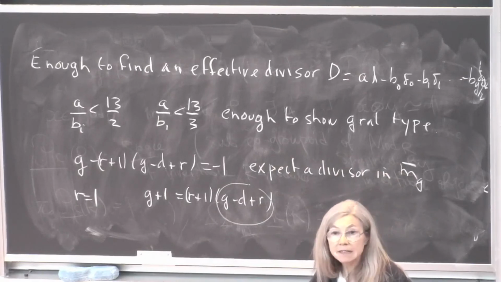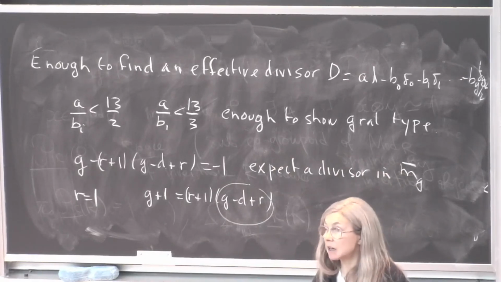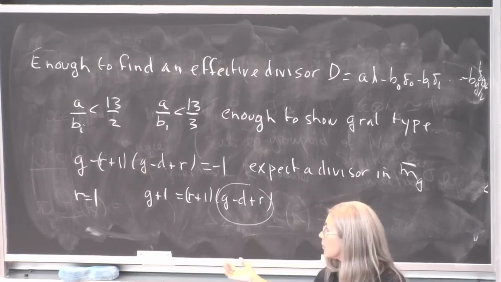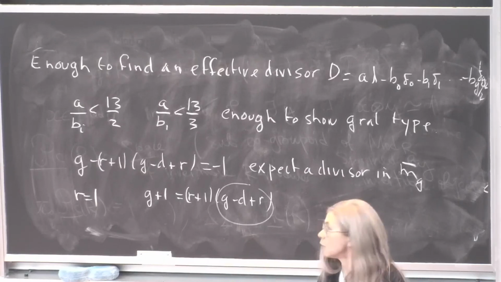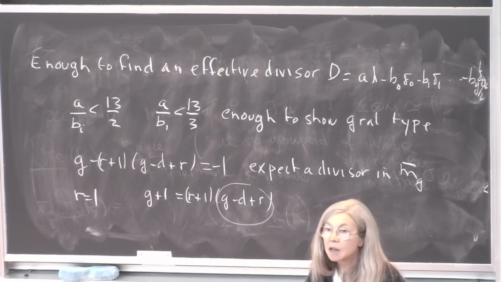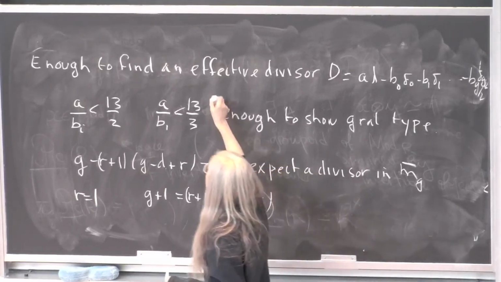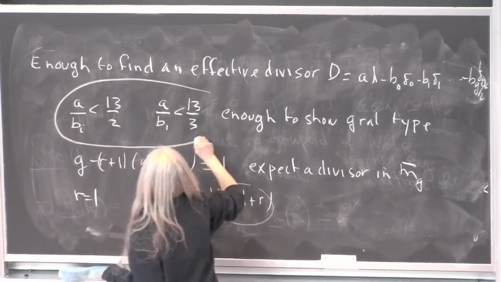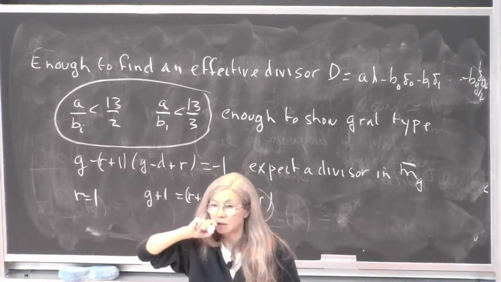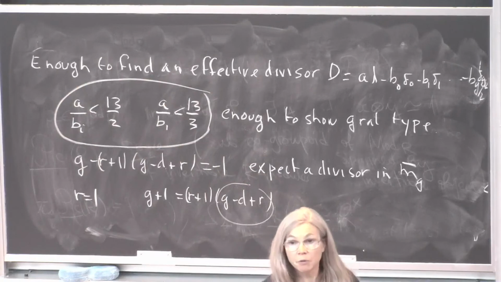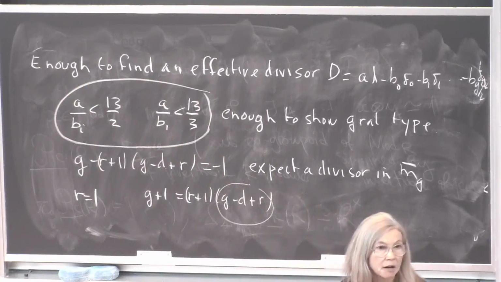That divisor exists for every genus, greater than 24 or smaller than 24, so long as it is odd. Now, the problem is that when the genus is small, these conditions are not satisfied for the expression of the class of the divisor. So that wouldn't prove to you that the moduli space is of general type.